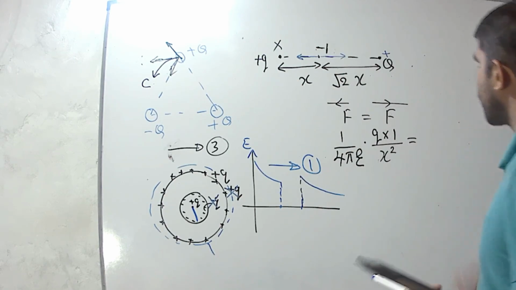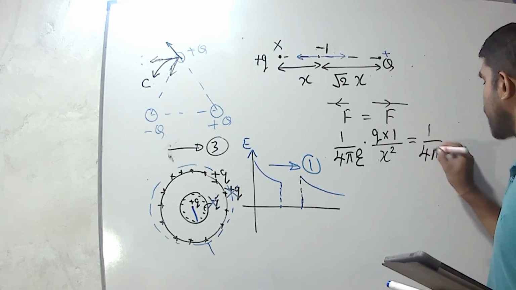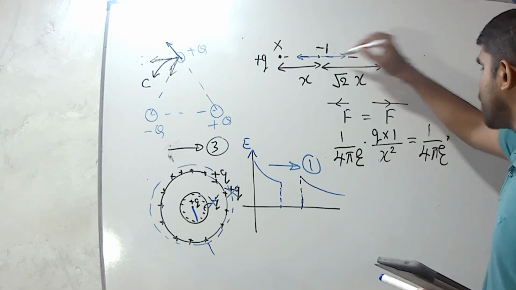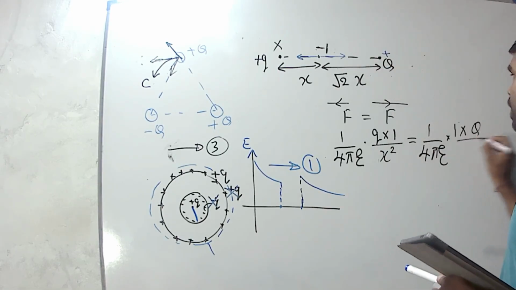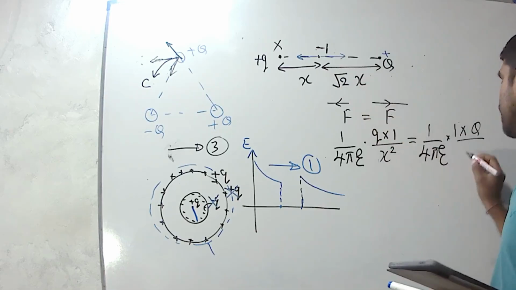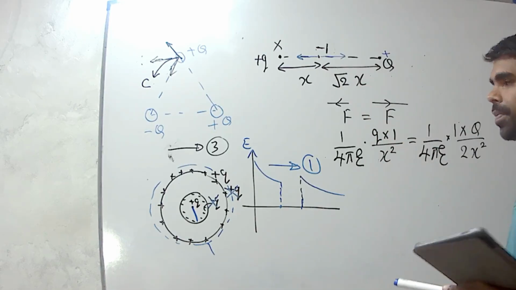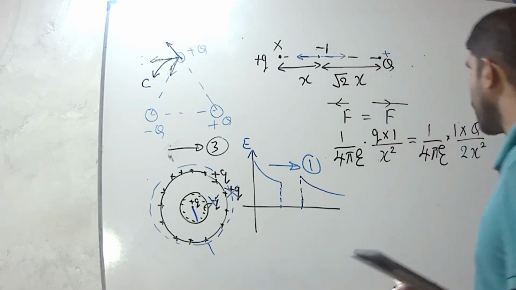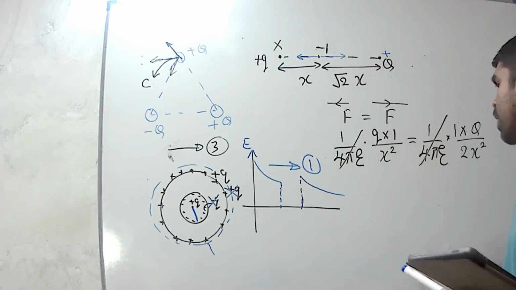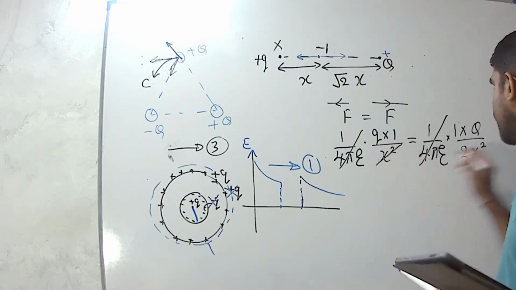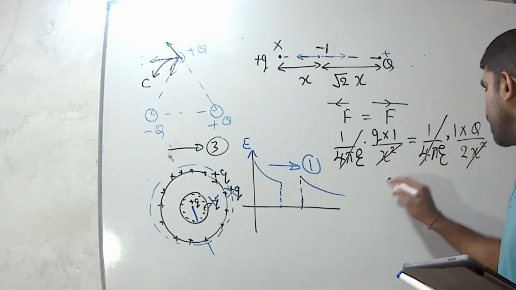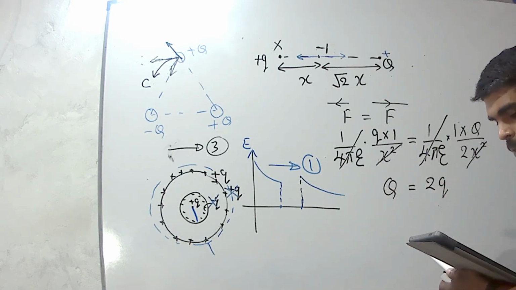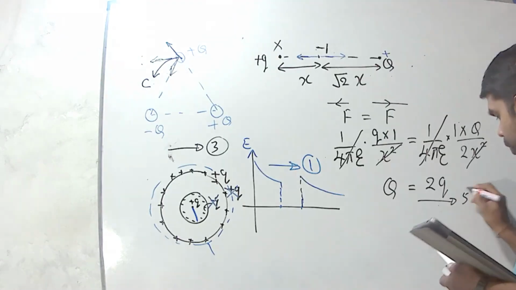It should be equal to 1 over 4 pi epsilon, product of charges 1 into capital Q divided by square of 2x. Square of root 2 is 2. Then we can cancel out 1 over 4 pi epsilon and x square. We can obtain capital Q should be 2q. It is plus 2q. Then answer is 5.